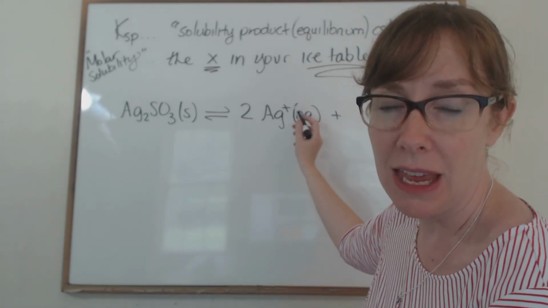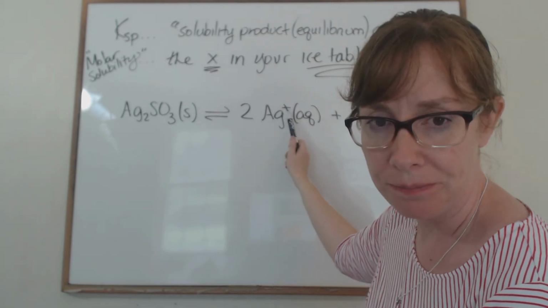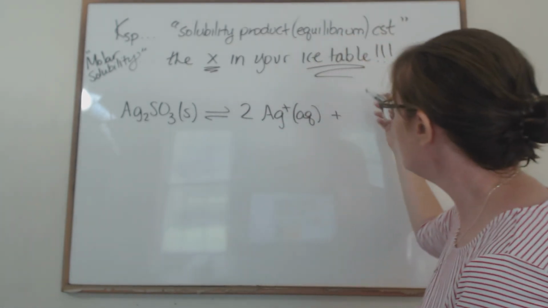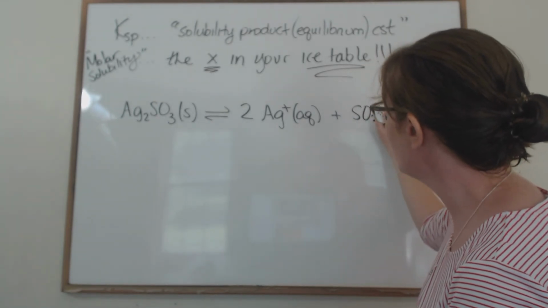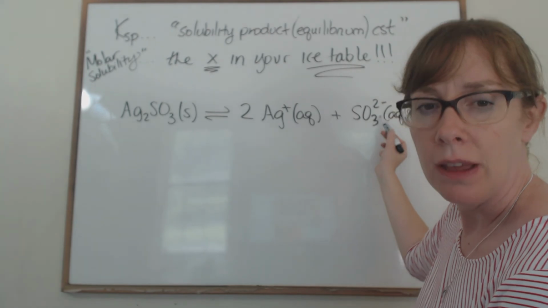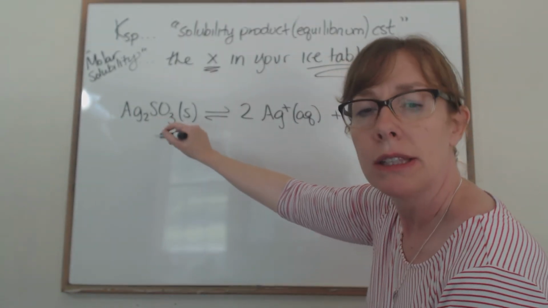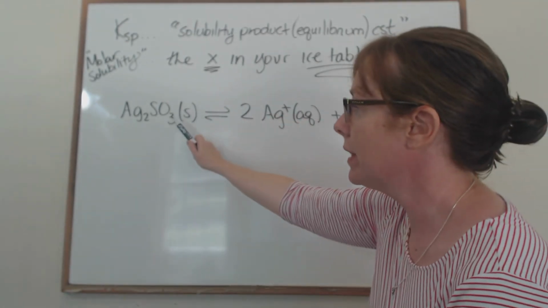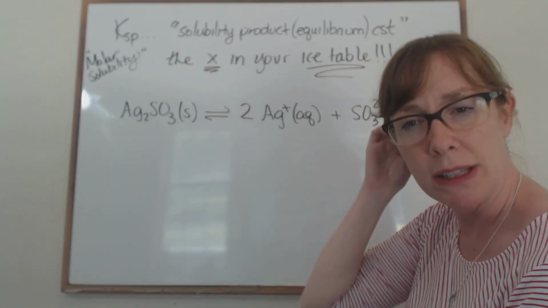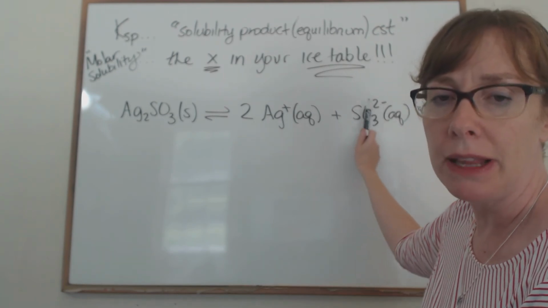And you either would have to know that or you would have to know that SO3 is a 2- ion. This thing is called sulfite. That is the polyatomic ion, kind of the anion part of this ionic compound. So some familiarity with getting comfortable with these. Hopefully she'll give you ones that are somewhat famous polyatomic ions.